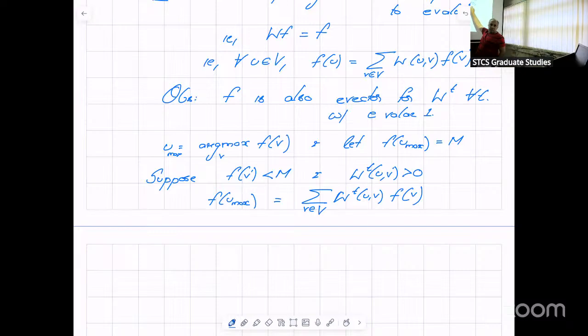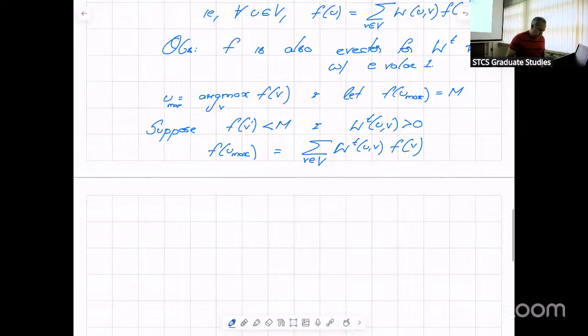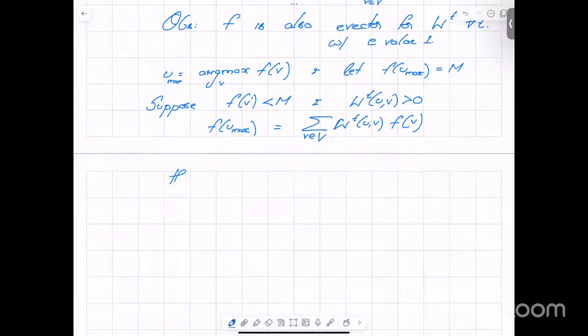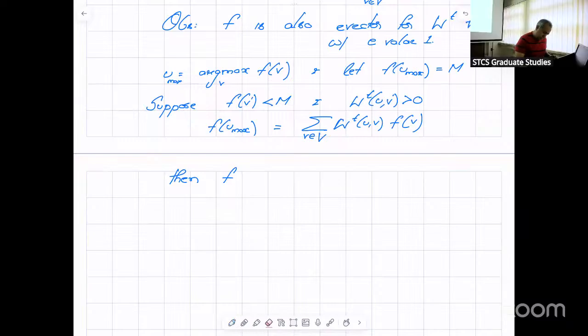Even if one quantity is less than M, the average has to be smaller than M. So in particular, it tells you that everything has to be equal to M. This is the same argument we have seen before. So Prahlad, is it W^t(U max, V)? Yeah, sorry, you're right.